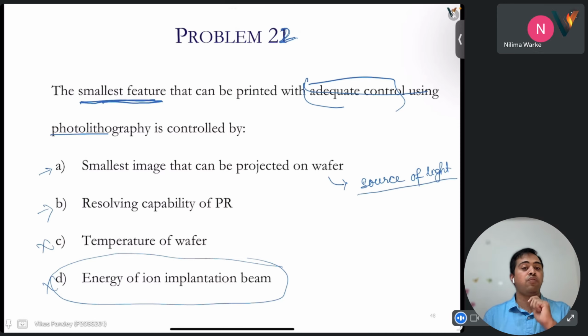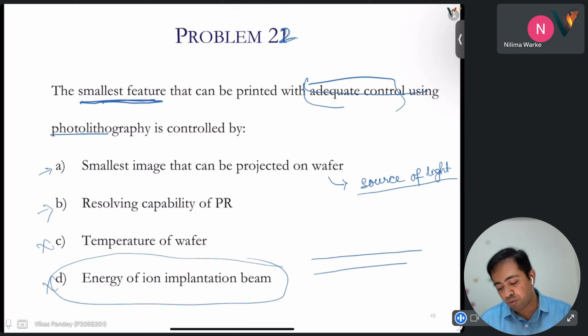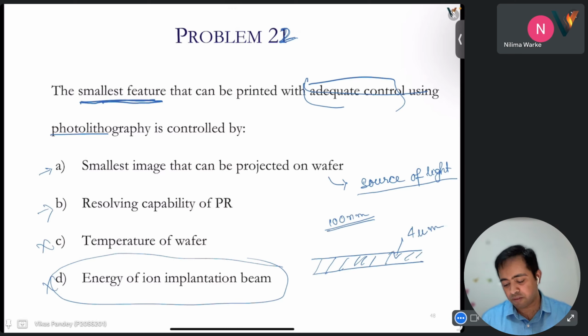There is one more factor that I was discussing earlier. What if we have the capability of going down to 100 nanometer structures, but our photoresist itself is 4 micrometer thick, and we want to resolve it to a dimension of 100 nanometer?